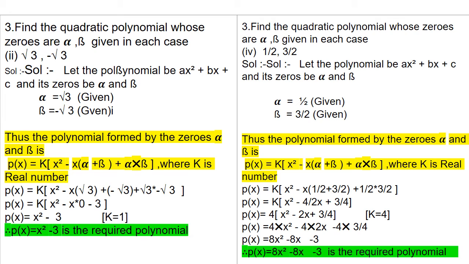So to dismiss this denominator, we are multiplying all the terms of p of x by 4. So that's why we are taking k is equal to 4. So 4 into x square minus 4 into 2x minus 4 into 3 by 4, that is 8x square minus 8x minus 3. Therefore p of x is equal to 8x square minus 8x minus 3 is the required polynomial.